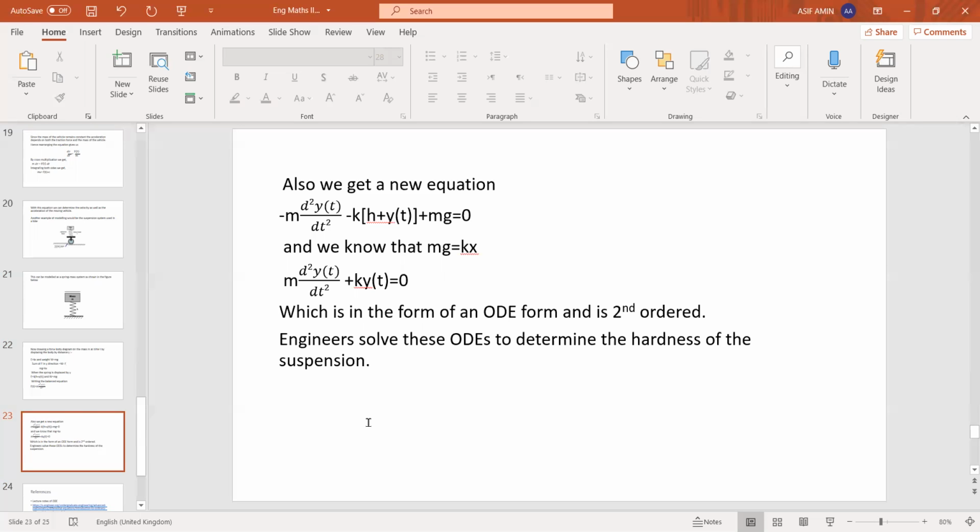And now, substituting it, we get m times d squared y(t) over dt squared plus ky(t) equals 0, which is in the form of an ODE and is second order. Engineers solve these ODEs to determine the hardness or the stiffness of the suspension, which determines the bumpiness on the road, or basically how damp the suspension can get, whether damped, undamped, or critically damped.